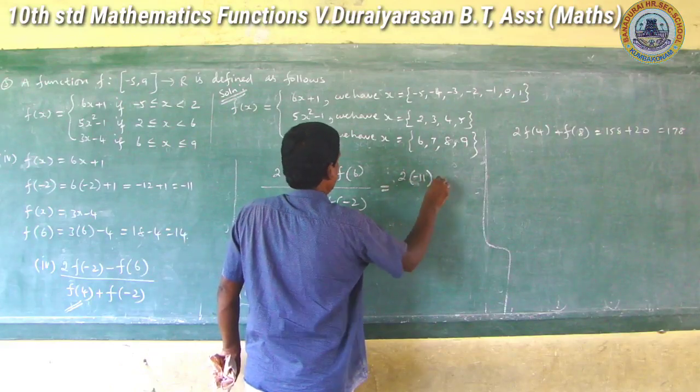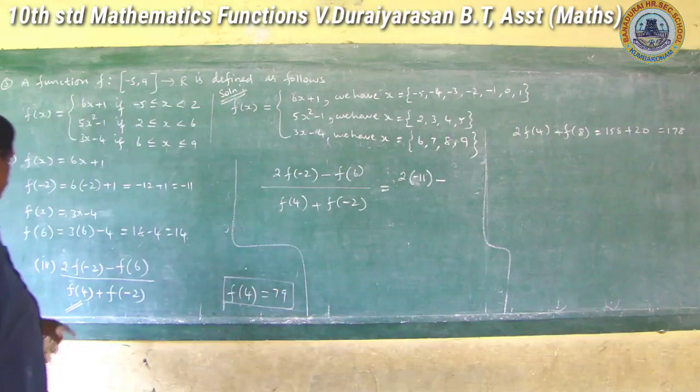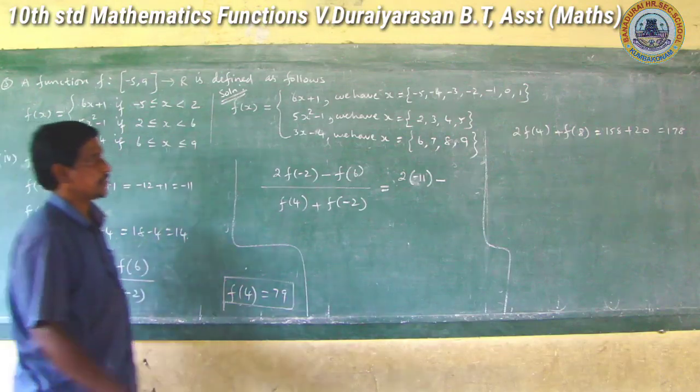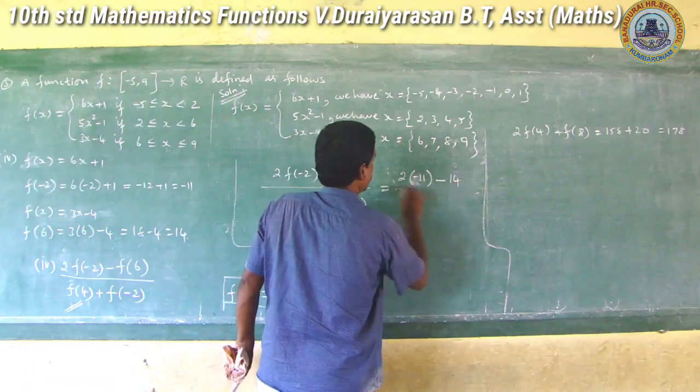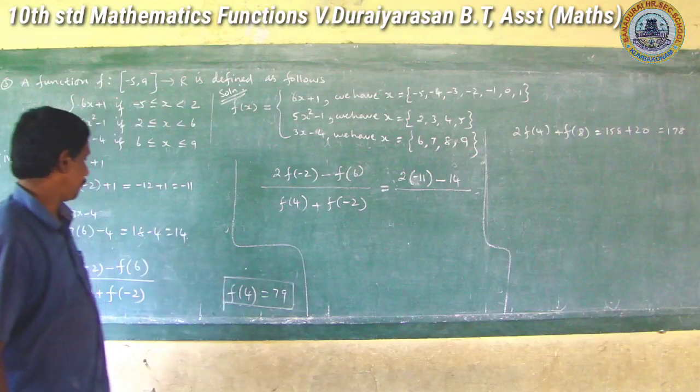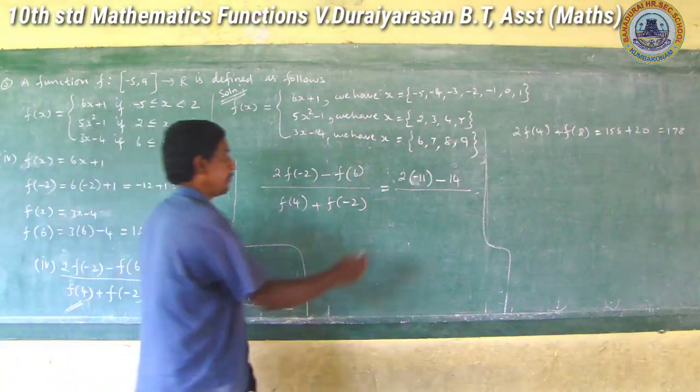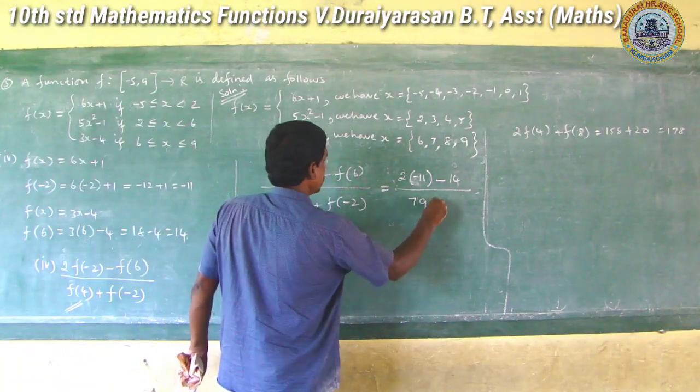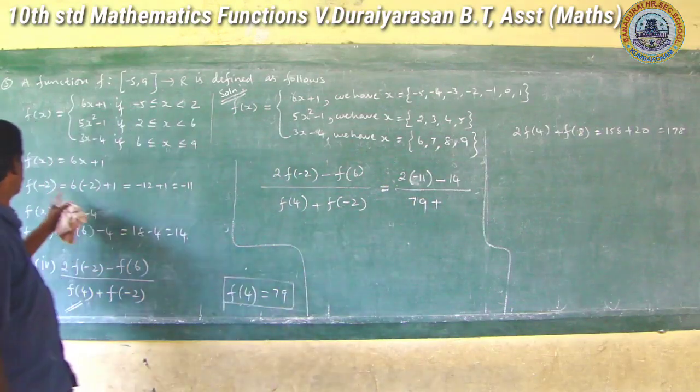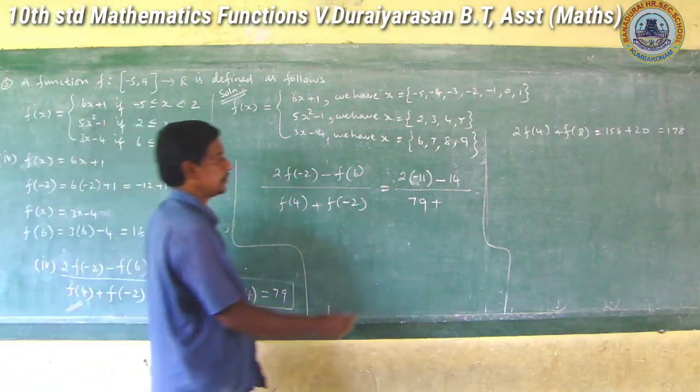Minus 11. Minus, what is the value of f of 6? f of 6 is equal to 14, divided by f of 4 equal to what? f of 4 equal to 79, plus what is the value of f of minus 2? f of minus 2 is equal to minus 11.